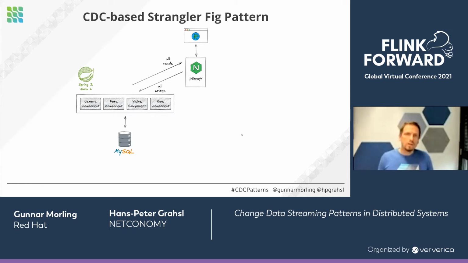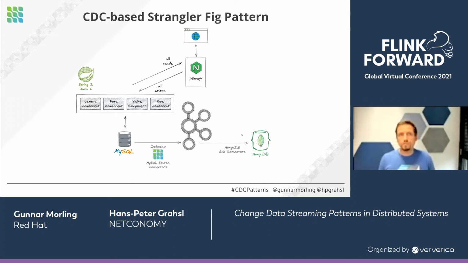So here we could, in a first step, try to define a change data capture pipeline using Debezium and Kafka running in Kafka Connect to bring all the existing data that is related to owners over into separate Kafka topics. And from there, we could then configure a second connector, a sink connector, which in this example would feed this data into a MongoDB collection. So this MongoDB database then is there to back our microservice that we want to develop next.